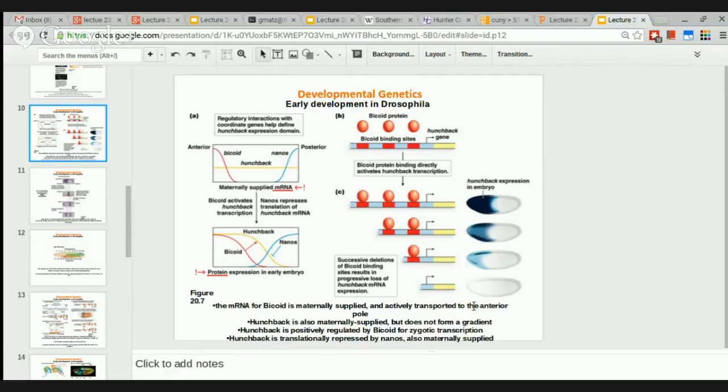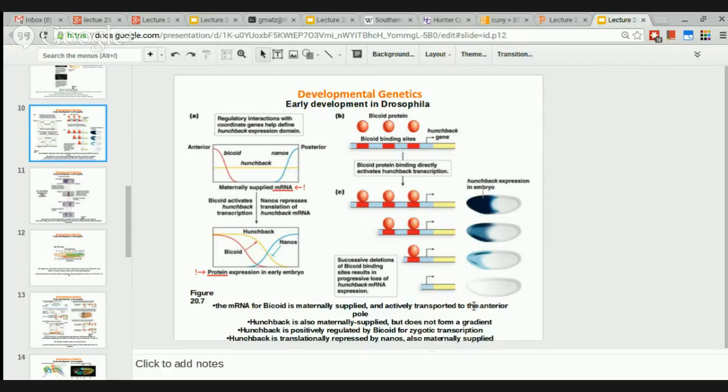There's another gene product that affects the expression of Hunchback, and that's another maternally supplied mRNA called nanos. And nanos is also actively transported, but this time to the posterior pole. You see that in the top graph. Very easily you see nanos is high at the posterior pole. And nanos is a translational repressor of Hunchback.